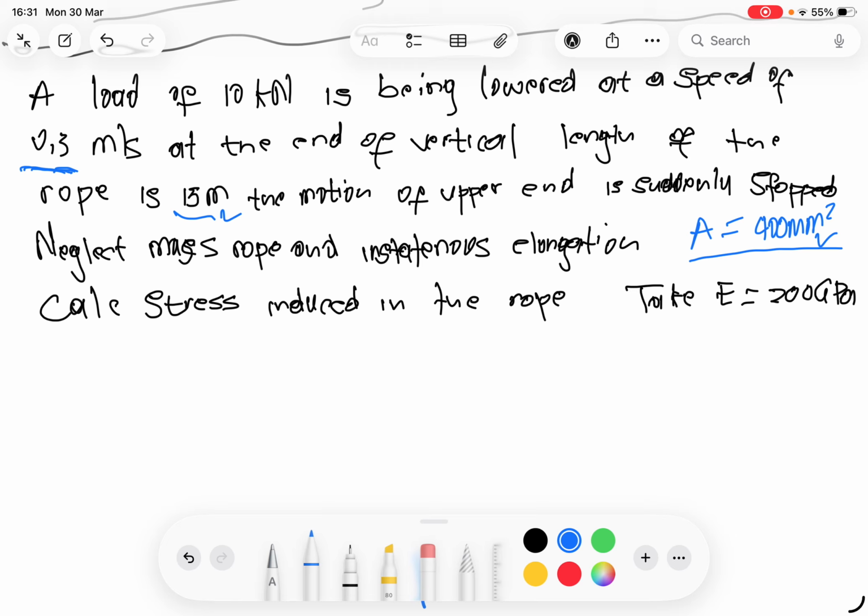Neglect the mass of the rope and the instantaneous elongation. Okay, here guys, we are given the information that the load is applied to the rope. What I want you to understand is that since we are given the length and the area of the rope, it means the material that is going to be affected here is the rope, affected by the 10 kilonewton.